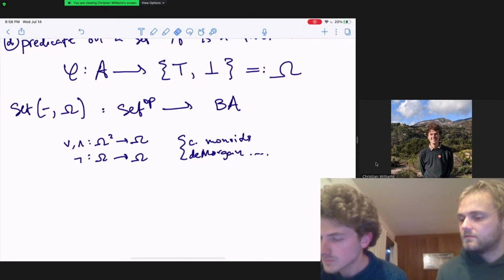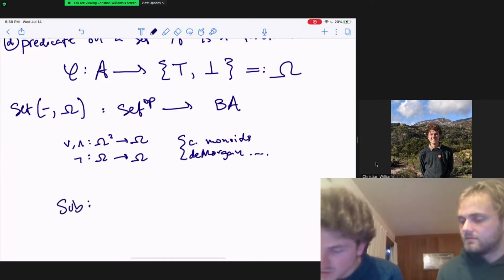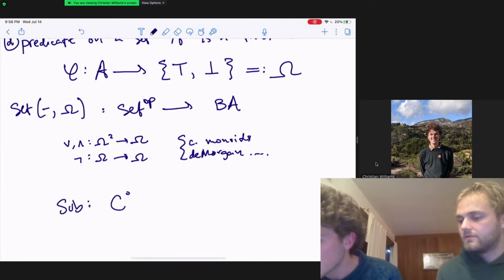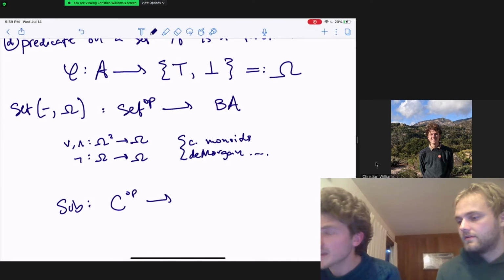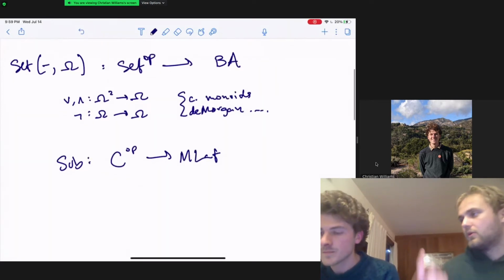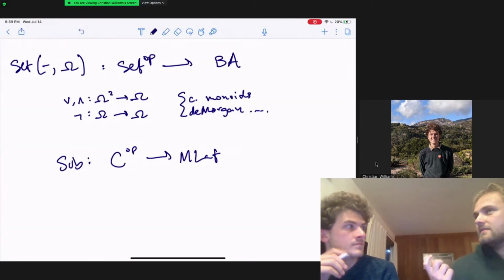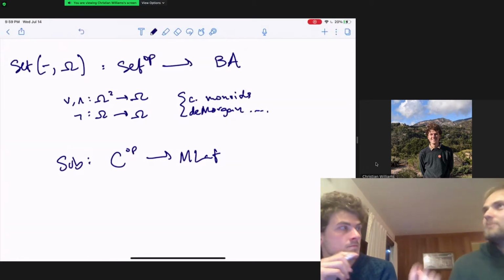Oh, you still have a subobject functor from the category. In that case, it would be meet lattices. Okay, because you can take pullback, but not... Oh, because there's no image factorizations.